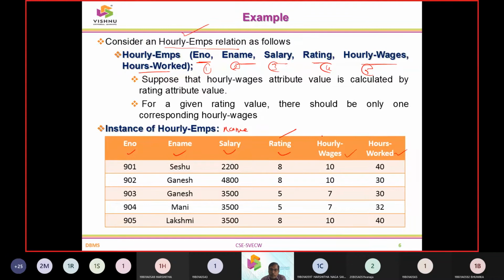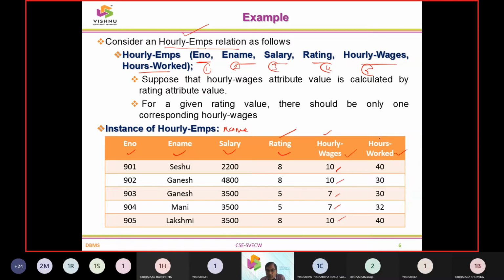Similarly, there is a field called hourly wages, the wages per hour. So it is 10, 10, 7, 7, 10. In this way, we give the wages, the salary, if they compute the salary hourly.